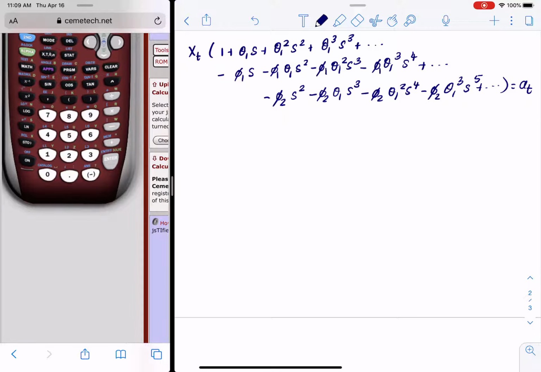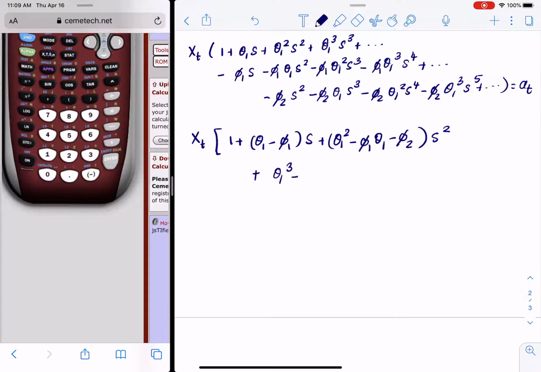That would simply give us, after simplification, 1 plus (theta1 minus phi1) times s, I'm combining like terms, plus (theta1 squared minus phi1 theta1 minus phi2) times s squared, plus (theta1 cubed minus phi1 theta1 squared minus phi2 theta1) times s cubed, plus (minus phi1 theta1 cubed minus phi2 theta1 squared).